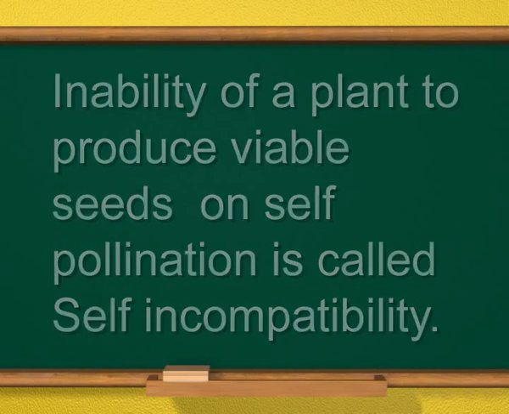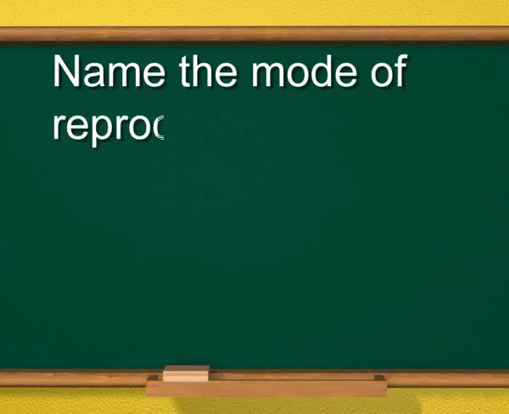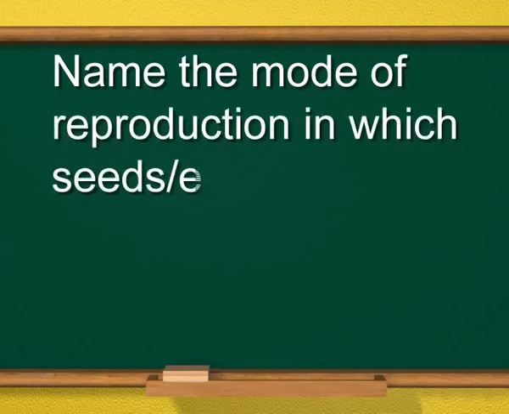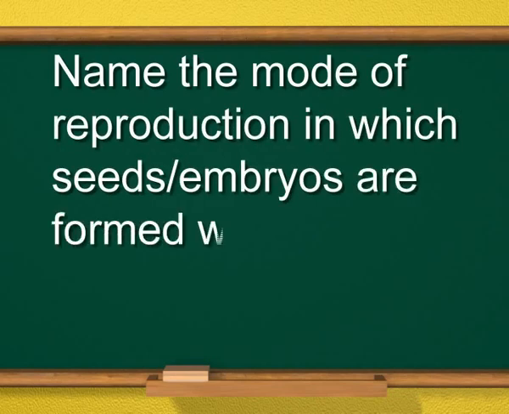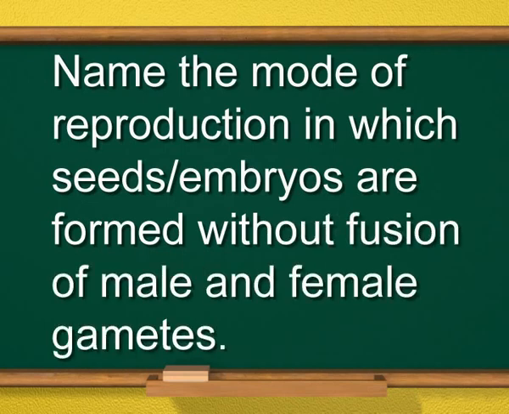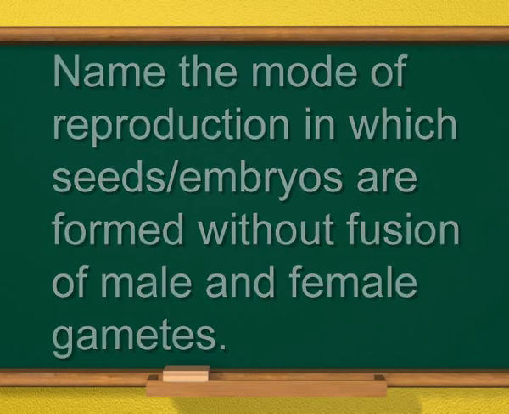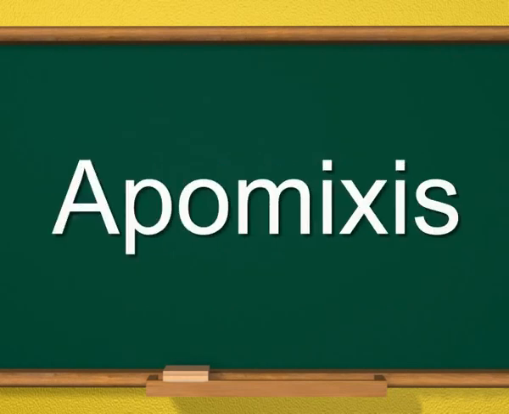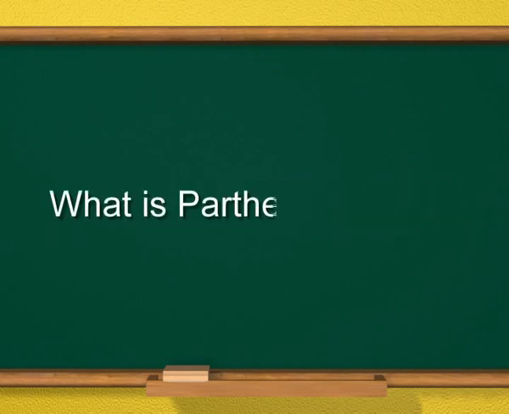The next question is, name the mode of reproduction in which seeds or embryos are formed without fusion of male and female gametes. The answer is Apomixis. The next question is, what is Parthenogenesis?